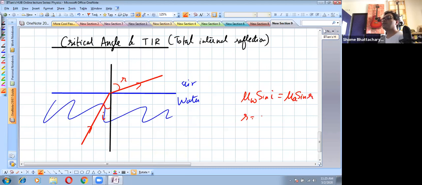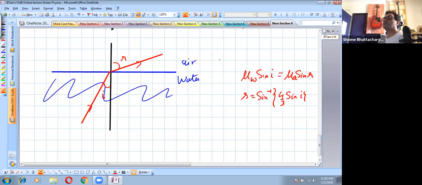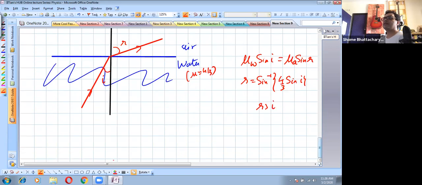So R is becoming sine inverse of, let's say, 4/3 times sine I, if we take that kind of typical value. So you can see that R is greater than I. But the other thing you can see is that as your I increases, so does your R increase.